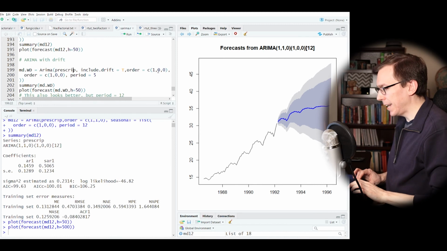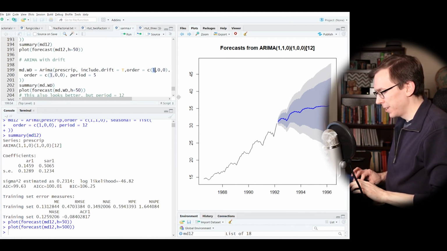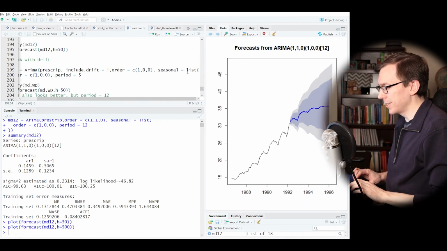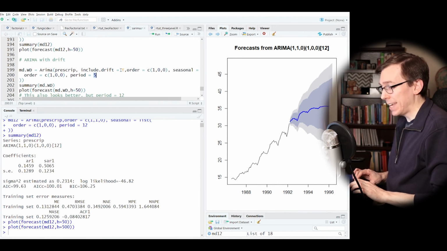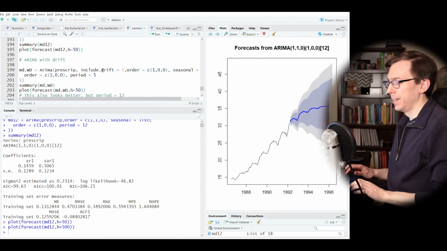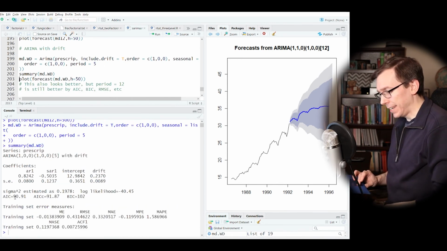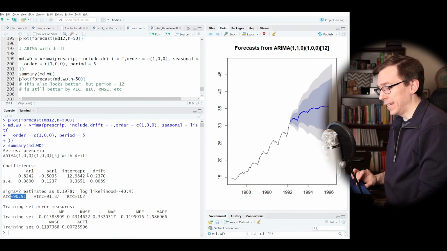So here I'm fitting an AR1, and also a seasonal AR1 with period 5, and I'm giving it a drift term. So what does that do? Well, that is going to give me a smaller AIC now. It's not 80, it's 90, but it's still something.